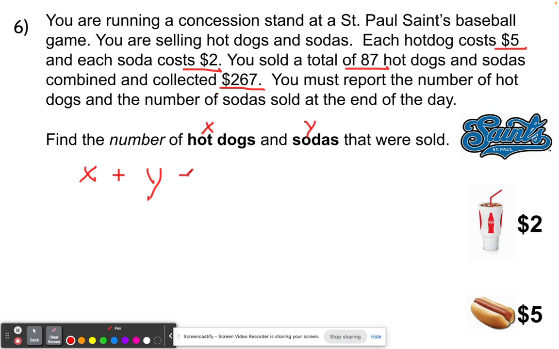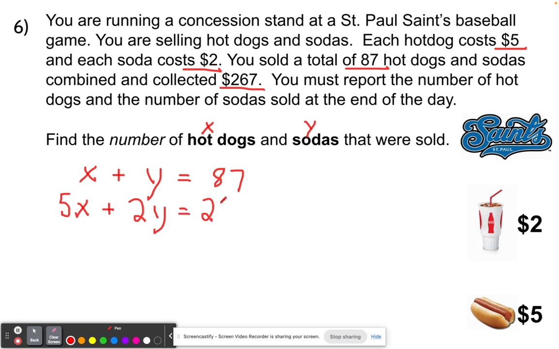So my hot dogs and my sodas equal 87. Then I have $5 hot dogs, so $5 times my number of hot dogs sold, and $2 times the number of sodas I sold, gave me a total of $267.